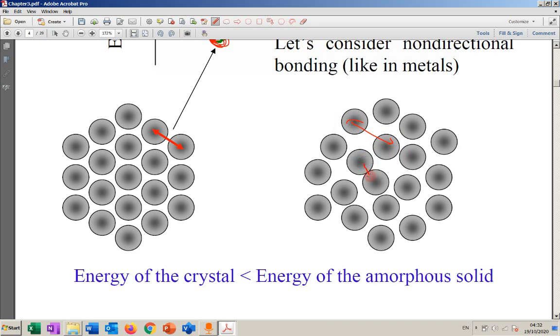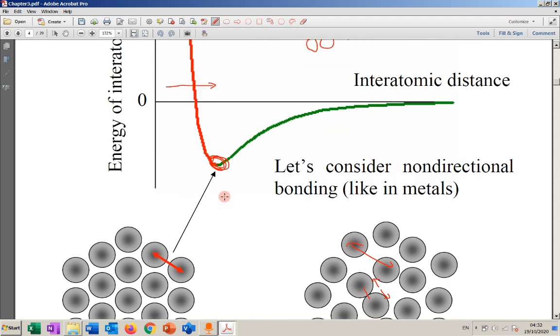Here, if they are close to each other, they will repel each other, so they will not be at the lowest energy level. That's why they prefer to be in the crystal state. So the energy of the crystal state is less than the energy of the amorphous solid. Why? Because all of them are at the equilibrium point, the lowest energy state the material can be in.